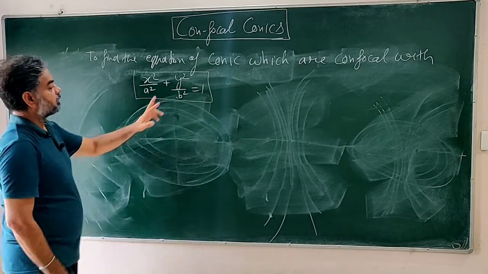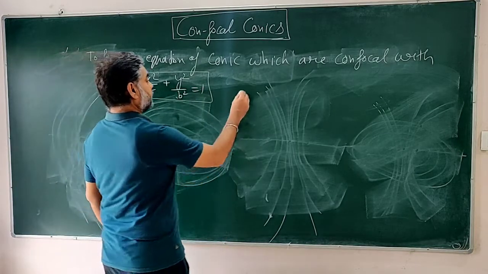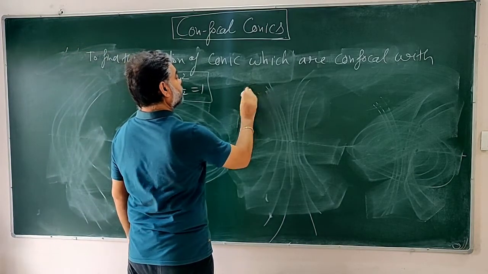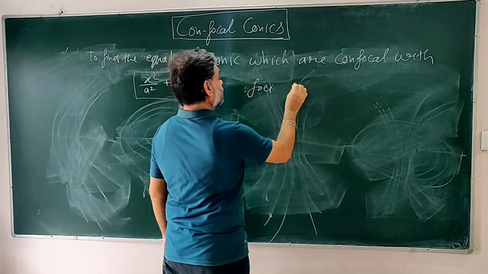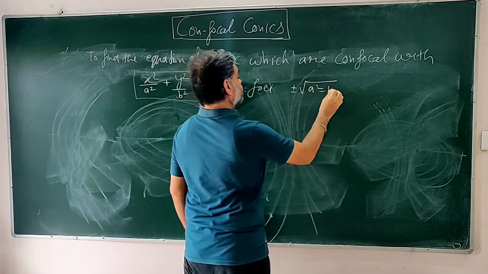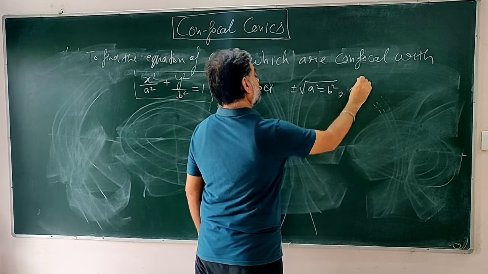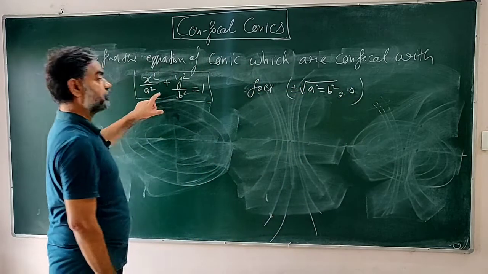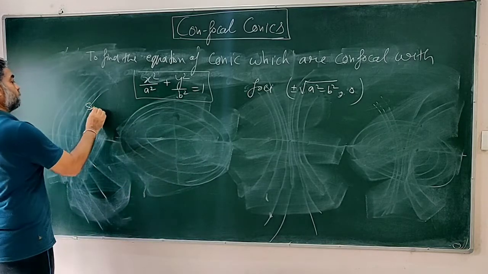We know that the coordinates of the foci of this conic are plus minus square root of a square minus b square, 0.